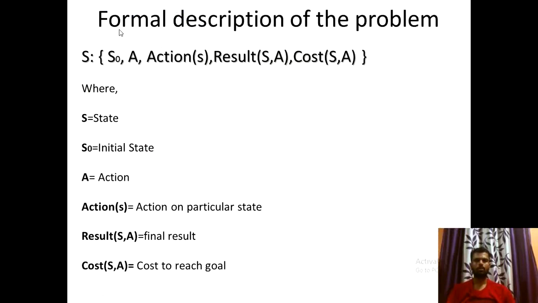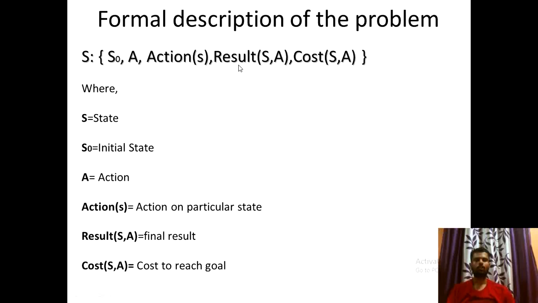So what is the formal description of the problem? A problem can be given with the help of a tuple as represented here. Here S is the state, S0 is the initial state, A means a particular action on that state, then the result of the action on a particular state means the final result.